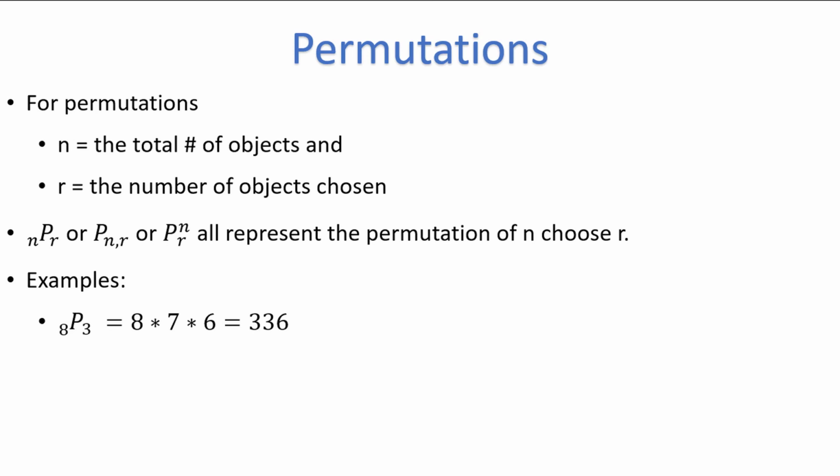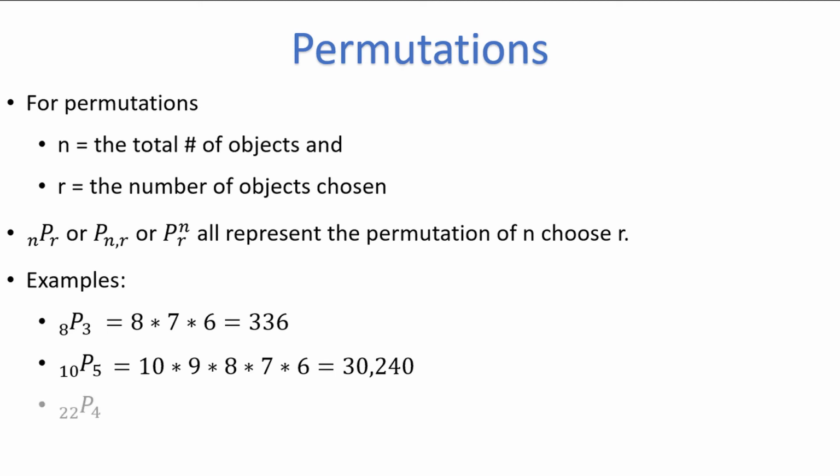The permutation of 10 choose 5 would start at n, in this case 10, and multiply r numbers together, or 5 numbers together in our case, each incrementing down by 1. So the permutation of 10 choose 5 is 10 times 9 times 8 times 7 times 6, which is equal to 30,240. There are 30,240 ways to arrange 5 objects from a group of 10 objects.